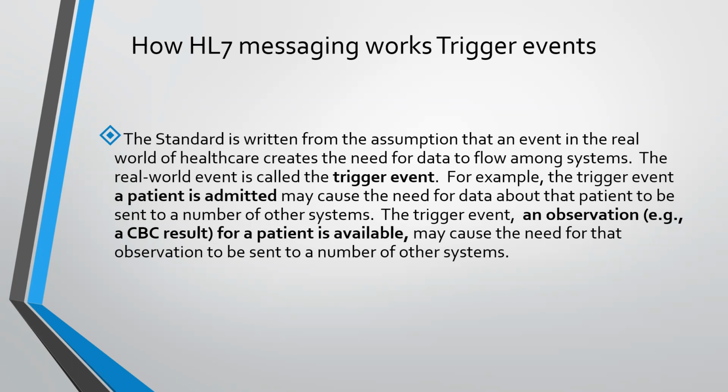The standard definition is an event that happens in real time that generates the necessity for the data to be sent from one system to another. So HL7 purely works on trigger events. If there is an event that is happening and it has to send the data, it is called a trigger event.